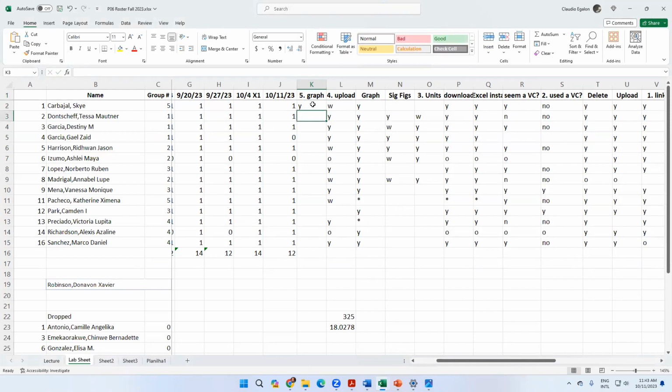And Tessa, did you plot the graph? Yeah. Good. Destiny, did you plot it? Yes. Good. Next is Gael. Gael is not here, right? Nope. Ridwan, did you plot the graph? No, not yet. It's working. Okay, I'm going to put here working. Ashley is not here.